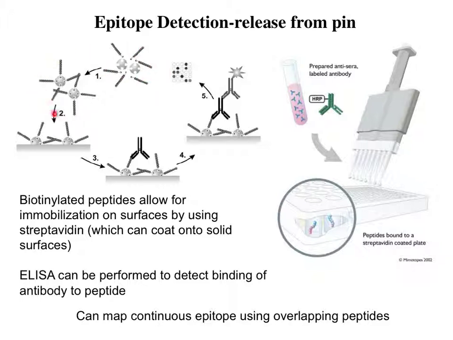You can bind your streptavidin to the biotinylated peptides, which then can attach onto the surface. And then use antibodies to recognize the peptide and identify, using ELISA, the binding of the antibody to the peptide. And using this, you can map continuous epitopes using overlapping peptides.